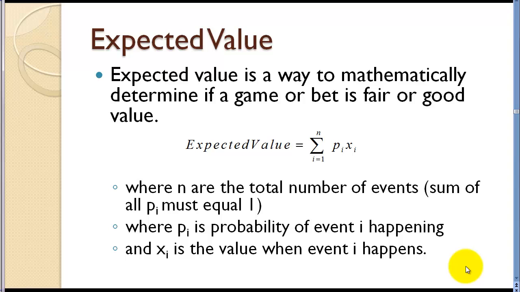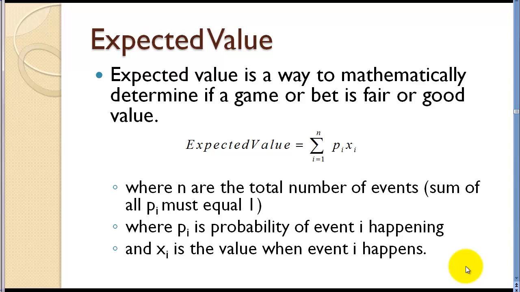Now sometimes when we're playing a game, we want to know whether it's a good bet or a fair bet. So we can use something called expected value. Now expected value uses this sigma, that Greek letter there called sigma, which is for summation.